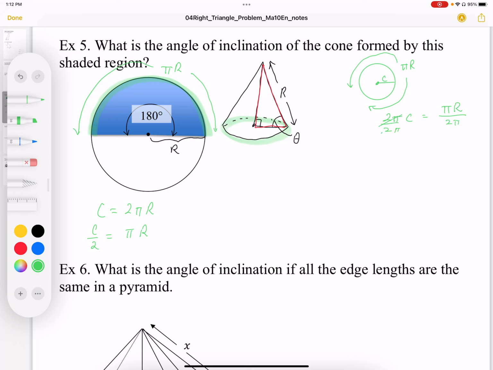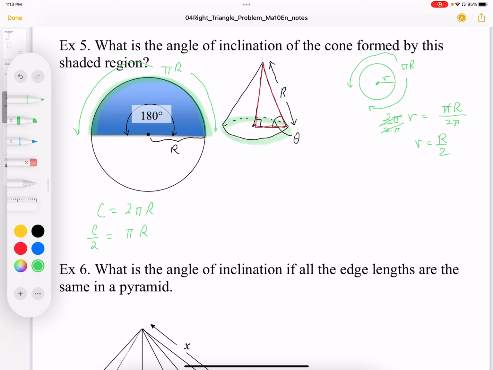Maybe I should change that to a different variable here. I'm going to change that to little r. We'll call that little r. That little r value is going to be equal to, the pi's cancel out, exactly half the length of the big radius.